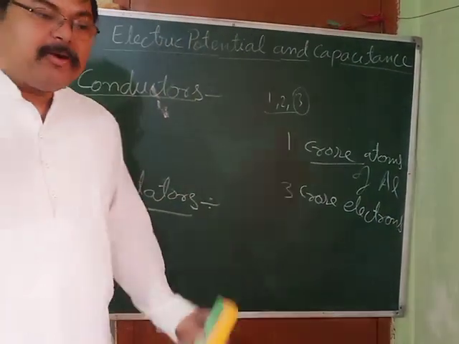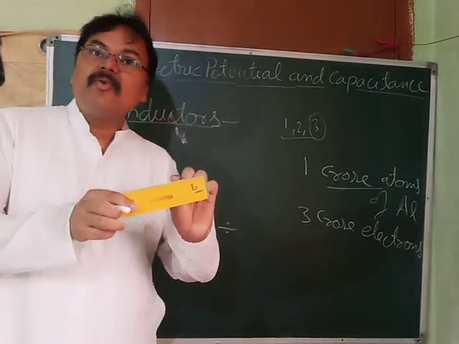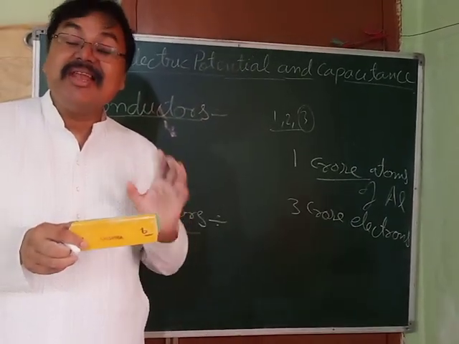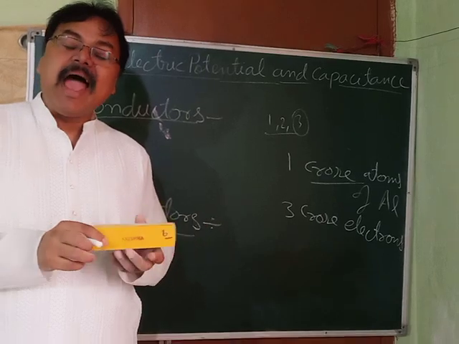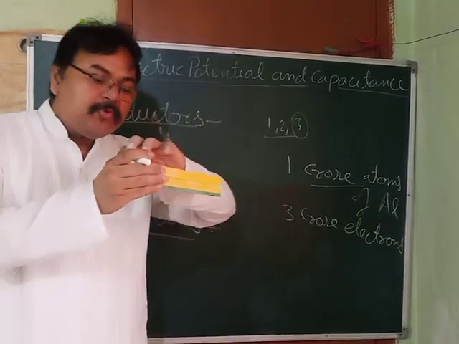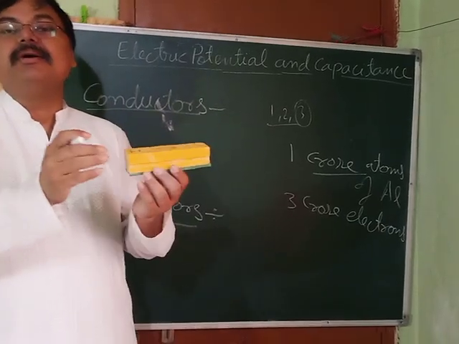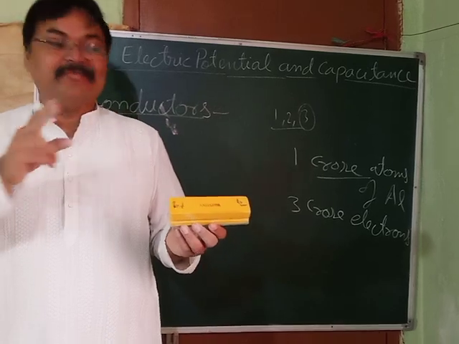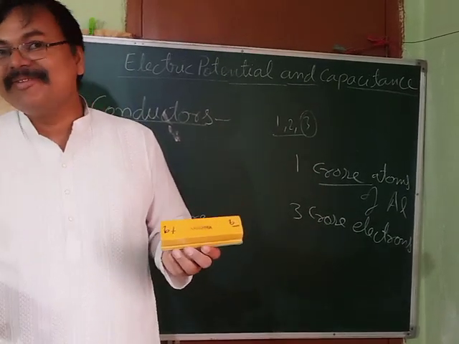Now my dear children, those electrons leave their parent atom, and after leaving, do you know what they do? They are free to move in this piece of conductor, but remember, they are not supposed to go out.